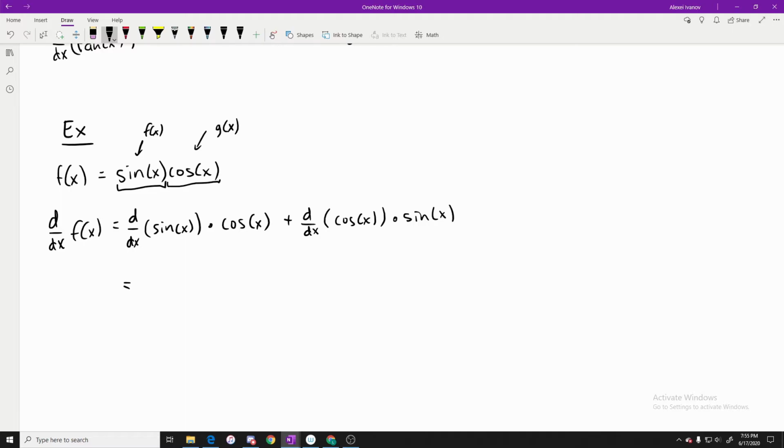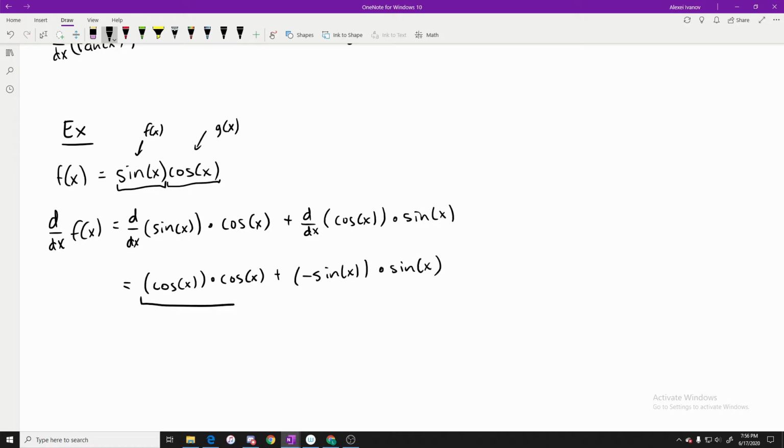And again, if you haven't memorized these derivatives yet, I suggest you do, but we can always reference back to the few that I wrote up there. So the derivative of sine x would just be cos x. And then we're going to add the derivative of cos x, which is minus sine x.